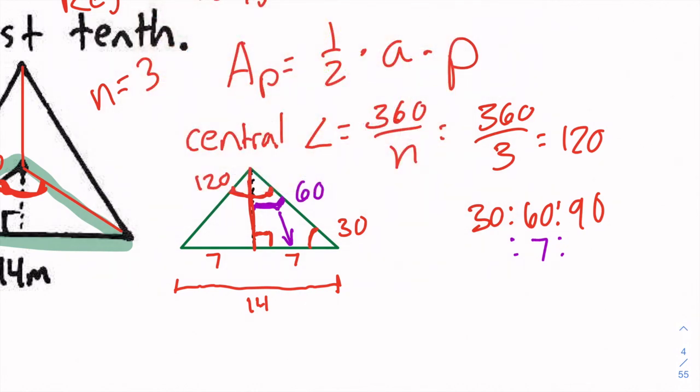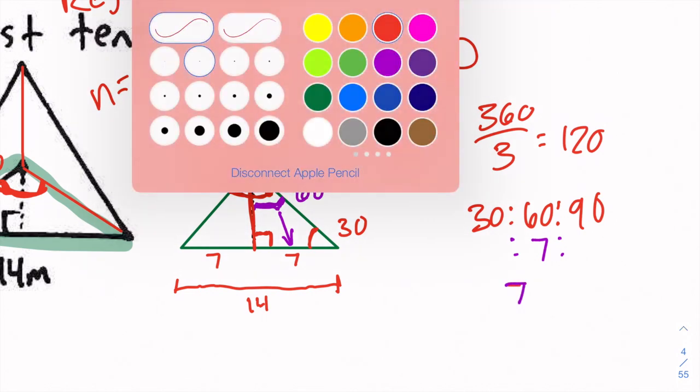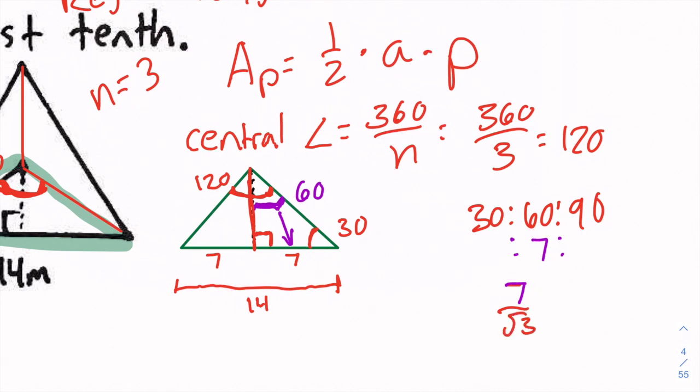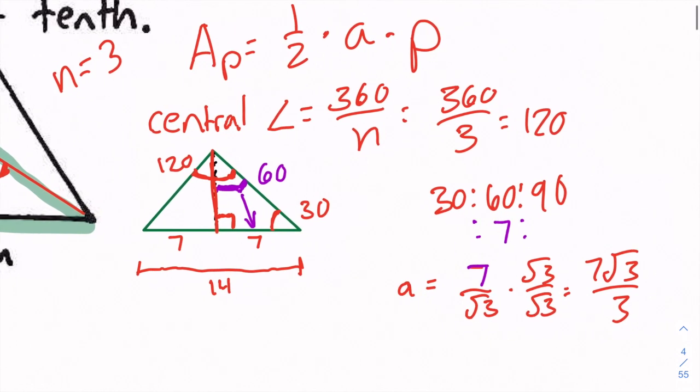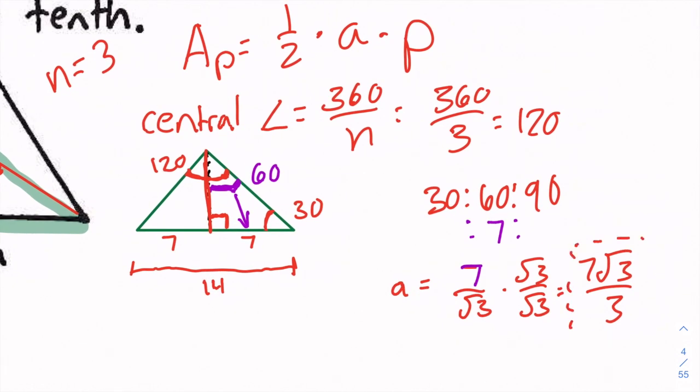So I'm going to take the 7 and divide it by radical 3. And let's make sure we rationalize here now. So rationalizing it, 7 radical 3 over 3. And that would be your apothem.